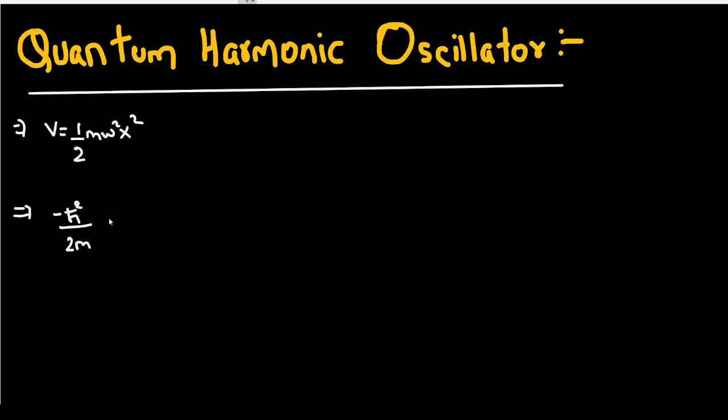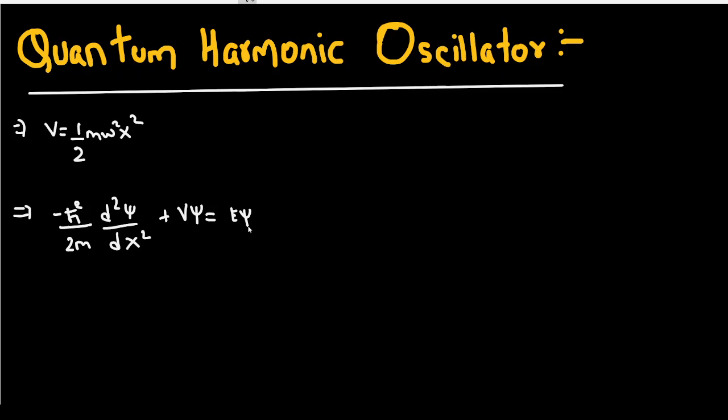That's why I put here the normal derivative, not the partial derivative, because partial derivatives are for functions of two variables, but this is not one. Then V psi equals E psi.